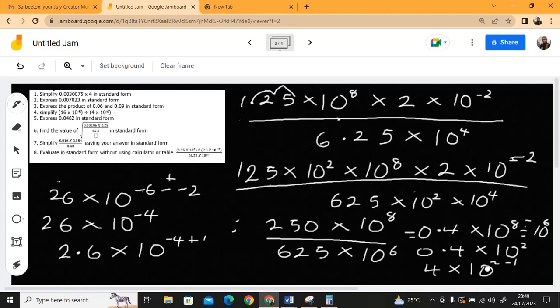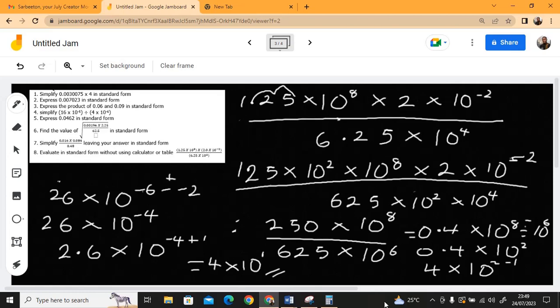Do you get that now? If it's not 0 point, if there are other numbers, you add. But this one is 0 point, so it is minus. So I subtract from 2 because you moved once. Your final answer gives us 4 times 10 raised to the power 2 minus 1, that is 1. So this is your final answer if you are using the normal method to solve.